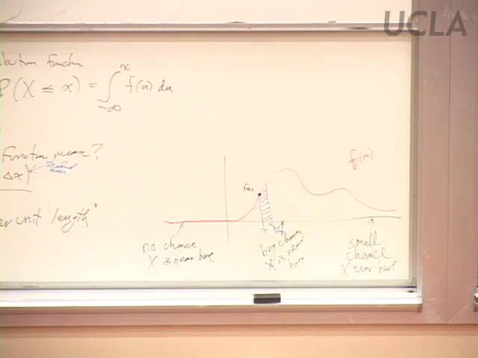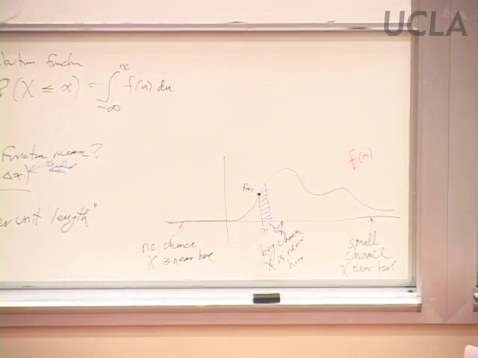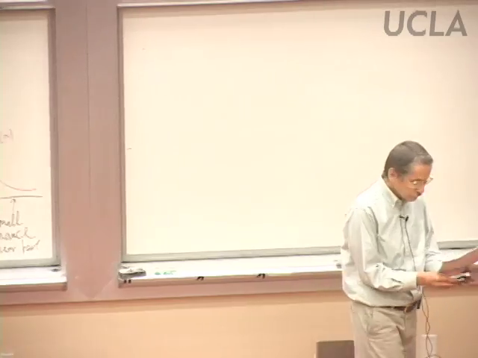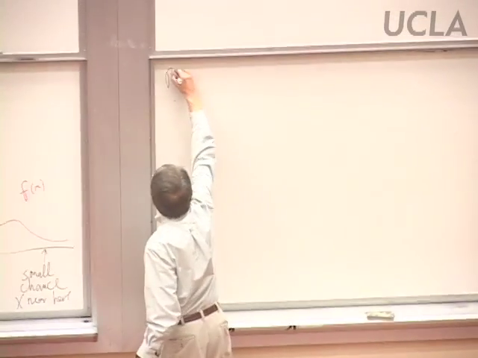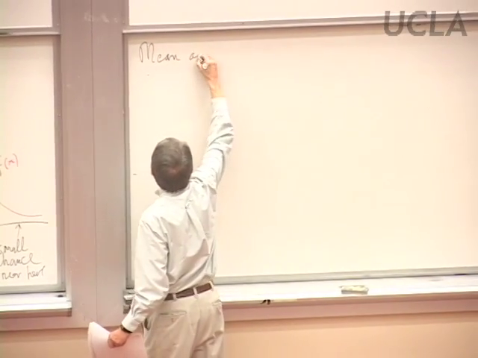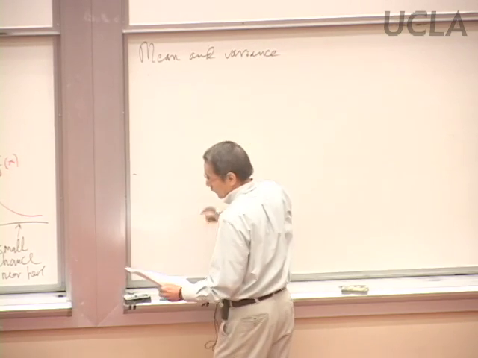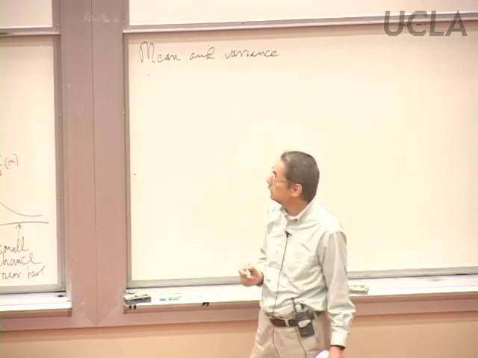Well, but let's try to do something more exact than drawing these pictures. We need equations for the expected value and the variance and so forth for a continuous random variable. So I want to put down 3 or 4 equations here.